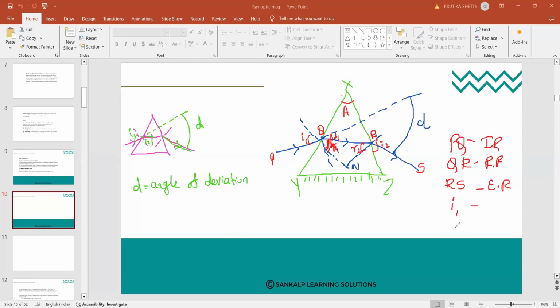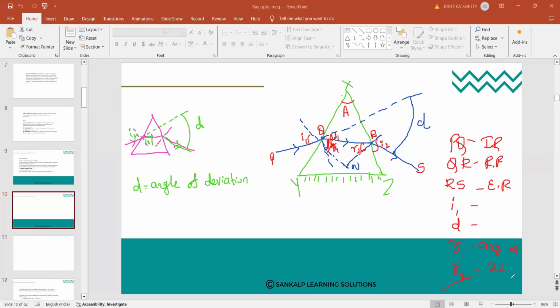I1 is the angle of incidence. Then the angle of deviation. R1 is the angle of refraction. R2 is the angle of incidence for the second surface XZ. R1 is the refracting angle.